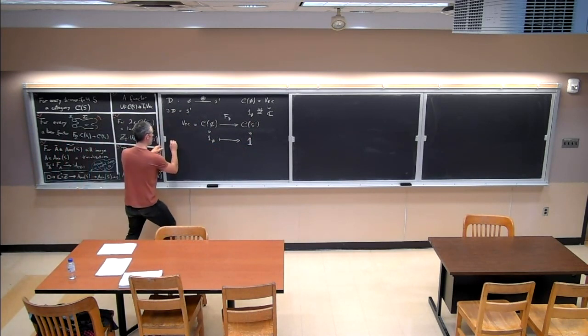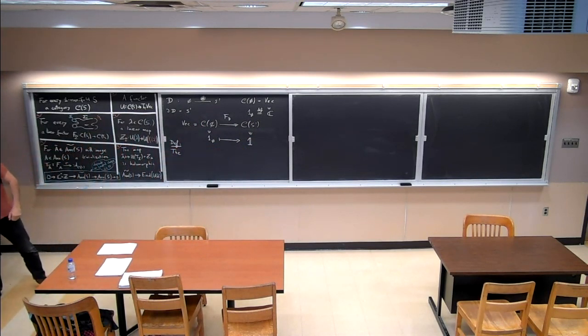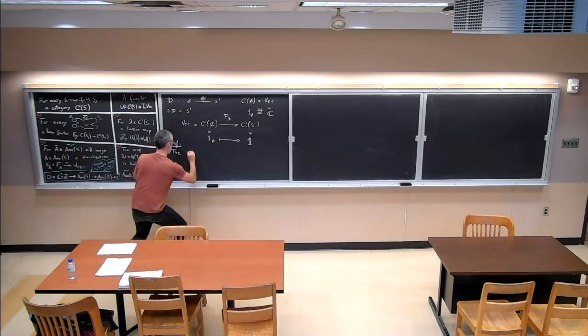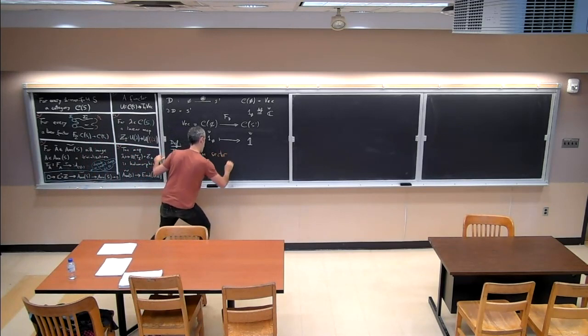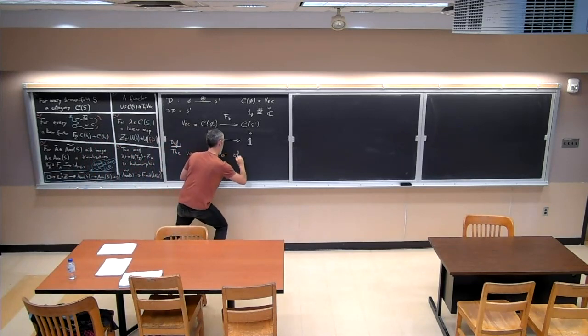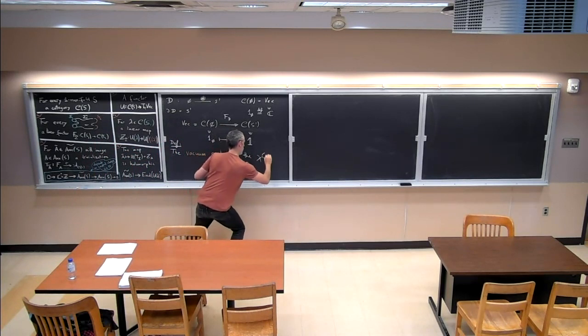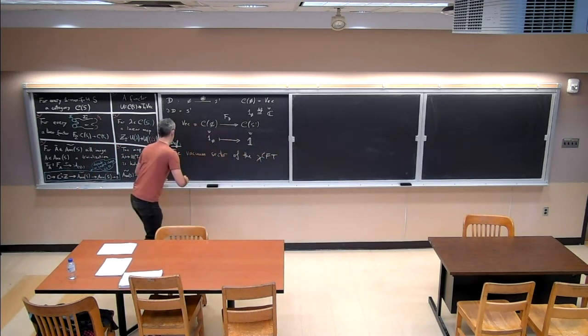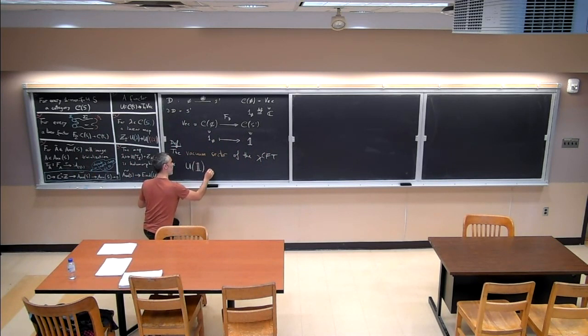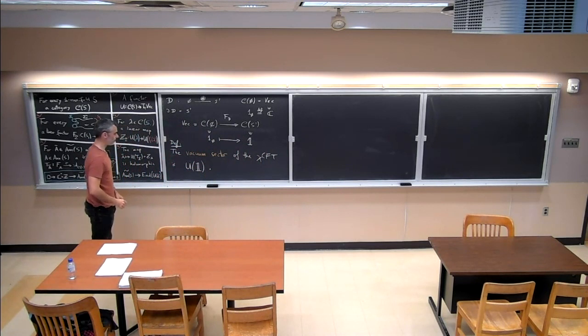So by definition, the vacuum sector of the Carroll CFT is the underlying vector space of this object 1.